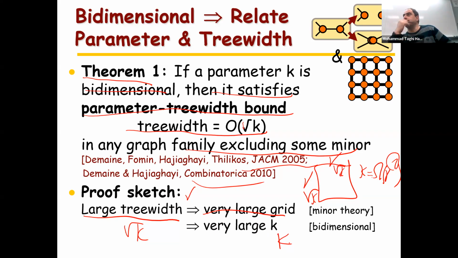That would be the contradiction. So this square root comes from r squared. By putting some constant, if the treewidth is larger than c times k, it means that there is a large grid there, and that constant can be absorbed, and then you get a contradiction because the original graph actually has a larger parameter than k.